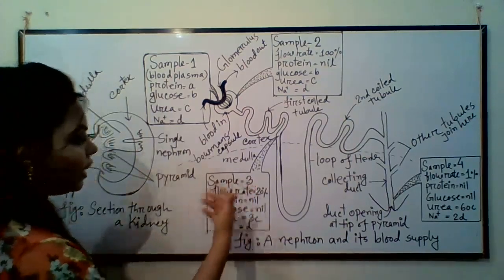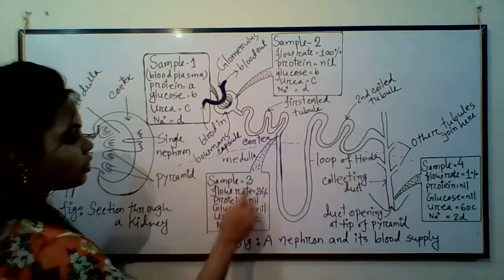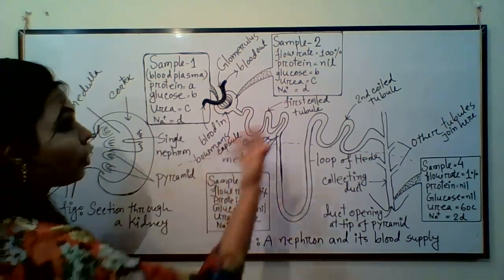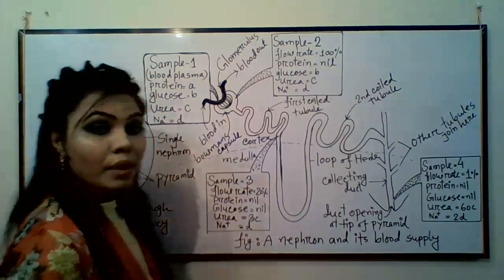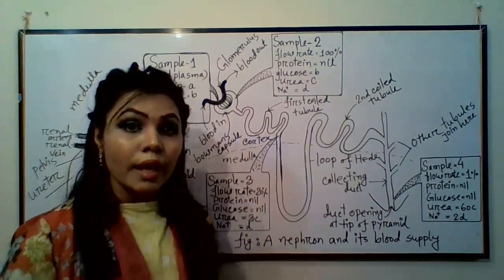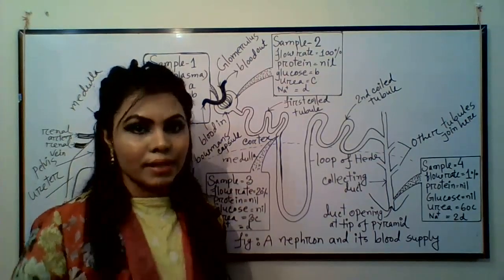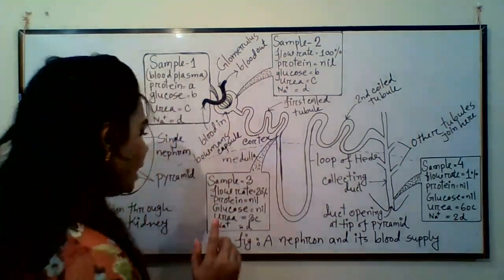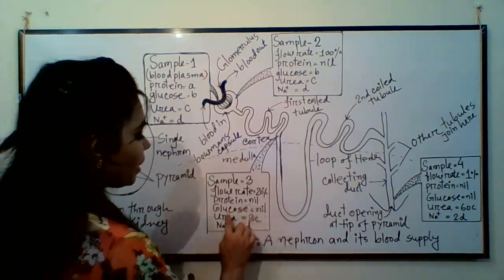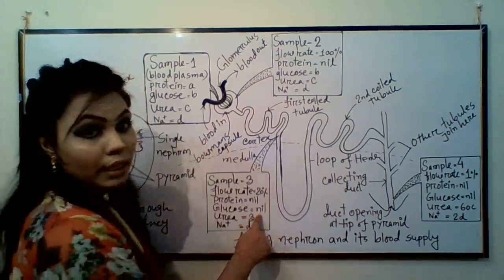In sample 3, the flow rate is 20% from 100%. That means you understand 80% of the water is reabsorbed in the blood. And then protein is nil and glucose also nil here.